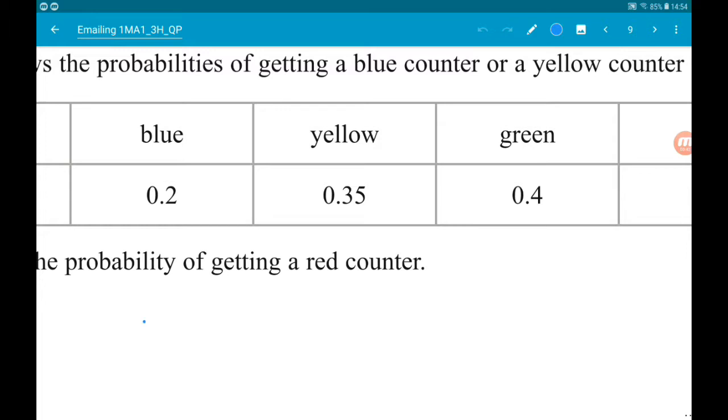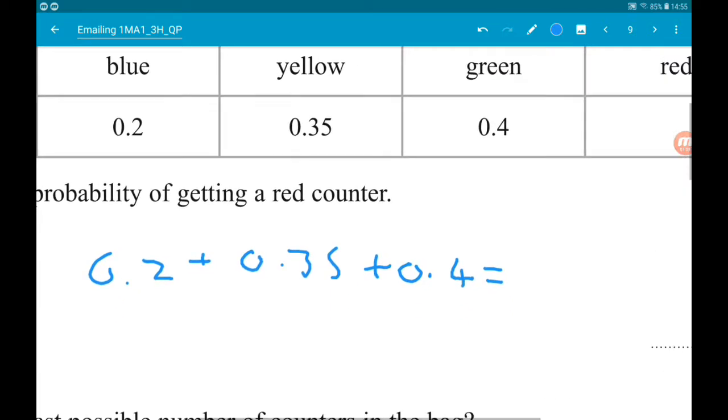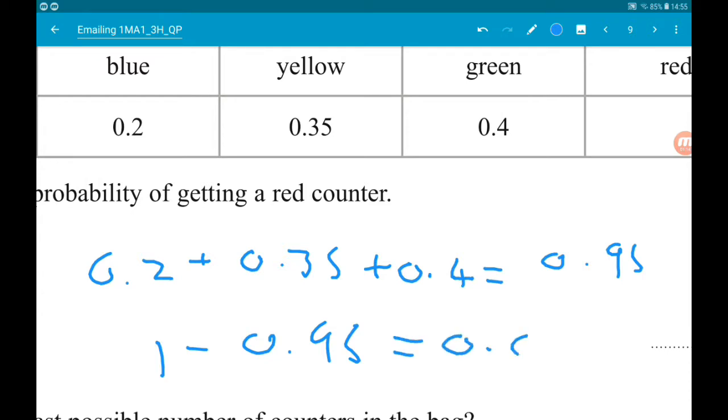So 0.2 add 0.35 add 0.4 gives us 0.95. So 1 minus 0.95 is 0.05.